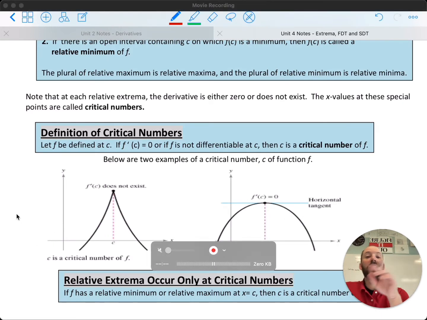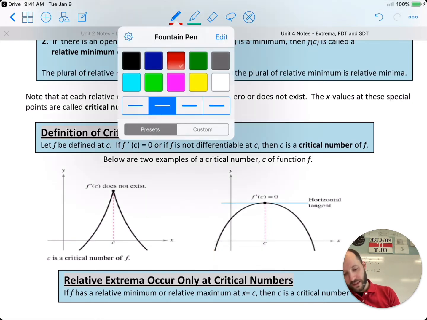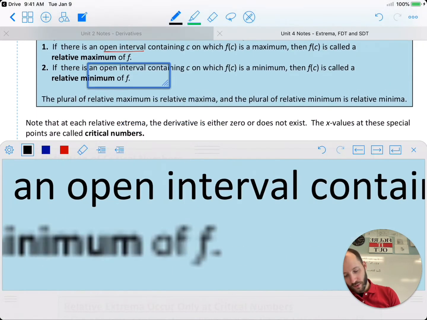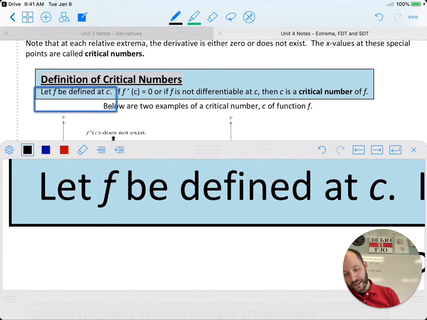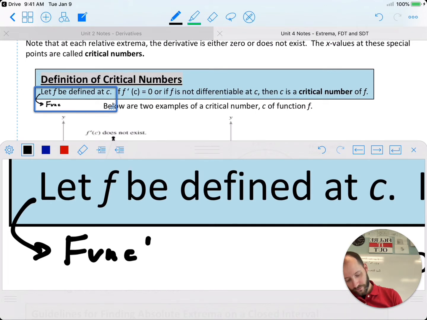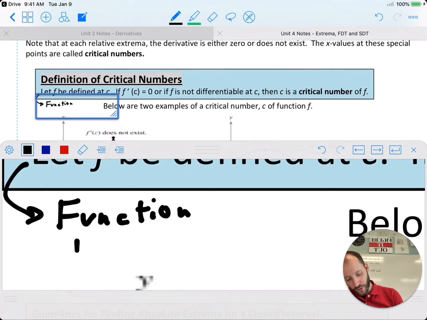Okay. Critical numbers. It's important that at the very get-go, let f be defined at c. So the function exists. Which might seem like a throwaway statement, but it's kind of important.